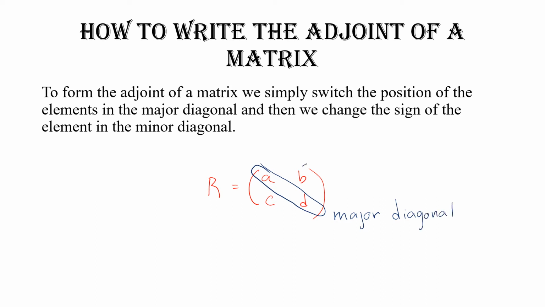And you see CB, remember that this will be your minor diagonal. And that's just what it is. That's the name they gave to it. It has nothing to do with significance or importance or why it's minor, why it's major. No, that's just the name. So your major diagonal is this one where I have AD.